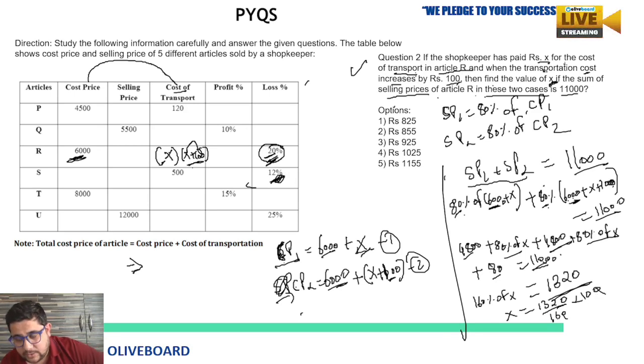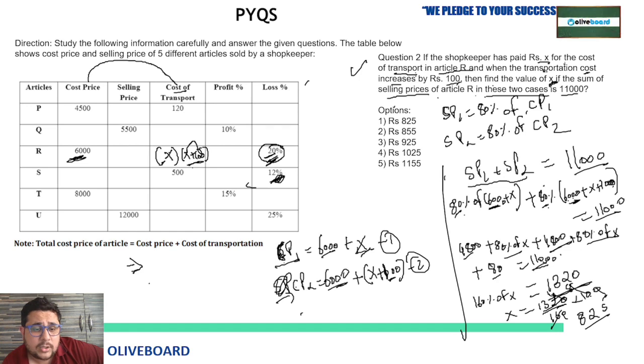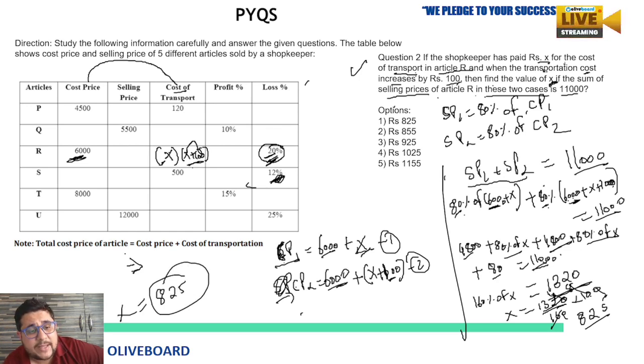Now by 16 we will try to solve this: 16 8s are 128, 16 2s are 32, 16 5s are 80. So finally after the complete solution, we get 825 as the value of X. It is given in the first option, so that would be the correct answer.